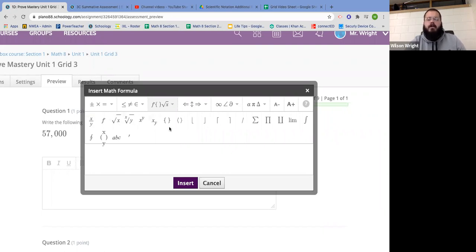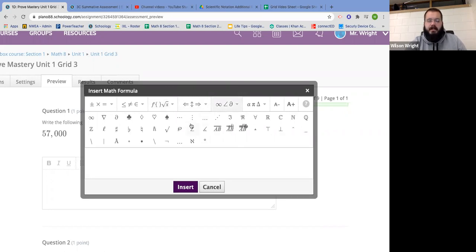We can just write all sorts of different equations in here. And if we go over to our miscellaneous symbols, we have infinity. Pi should be in here somewhere, but I'm not seeing it right now. We have our angle buttons, a bunch of different tools that we would like to get you in the habit of using more.